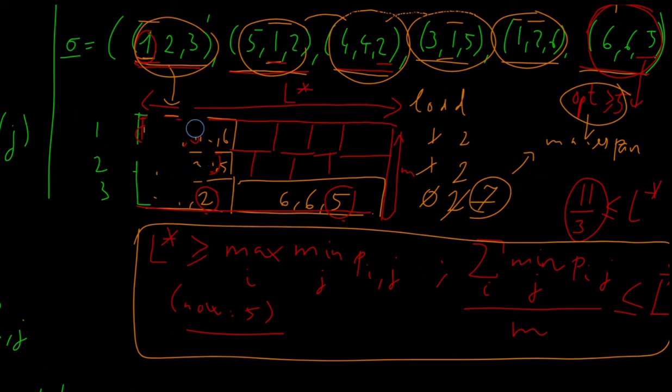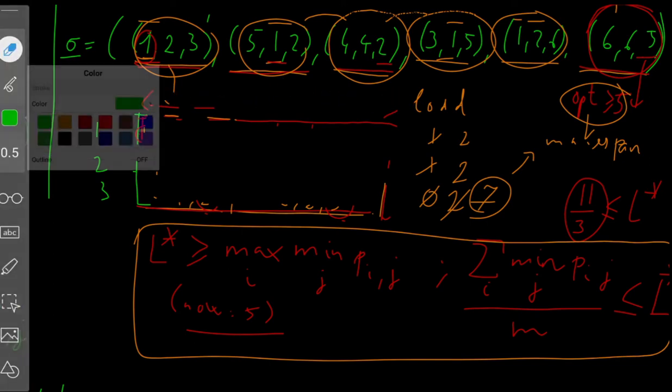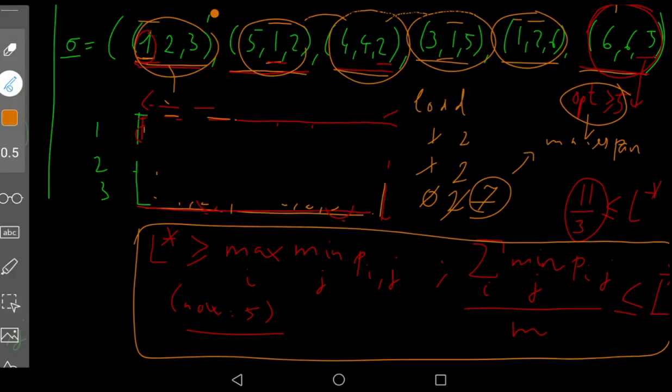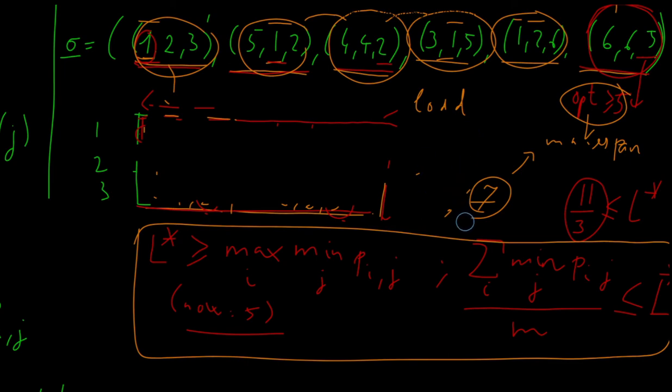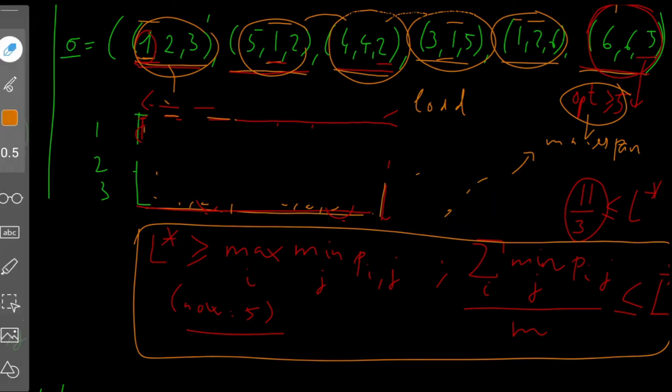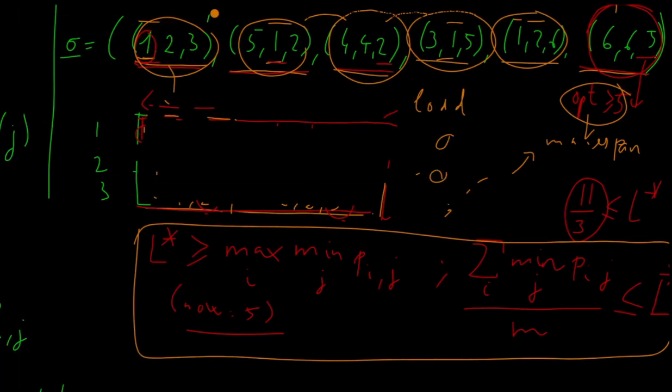This was scheduled by the greedy algorithm, and right now I don't want to use the greedy algorithm but the list algorithm, because I know the competitive ratio of the list algorithm. I should also erase these loads. Initially the loads for the machines are 0, 0, and 0.